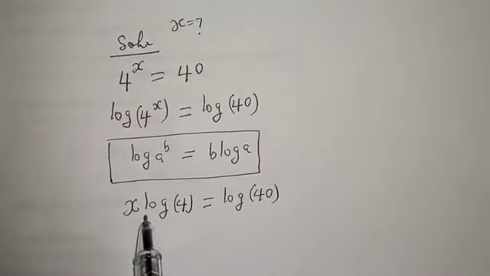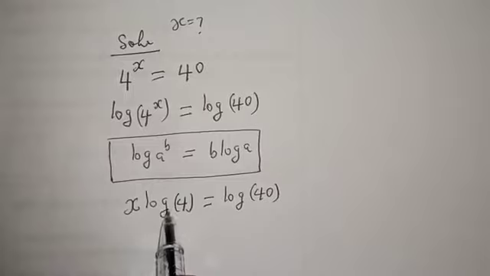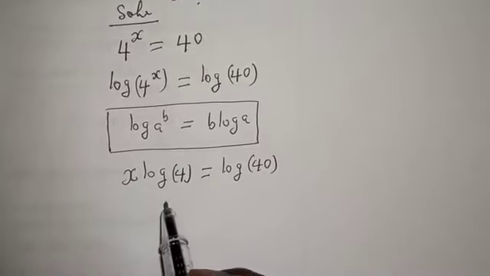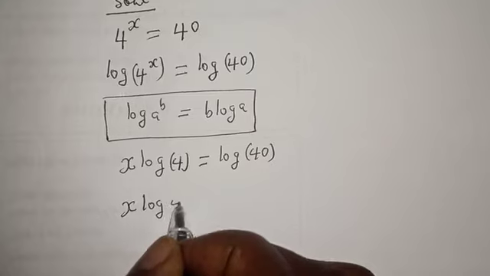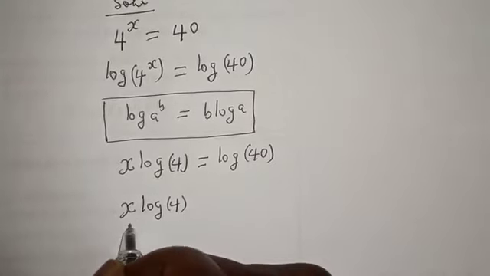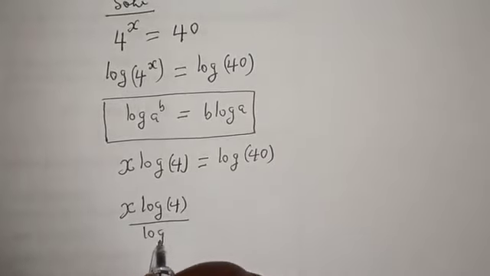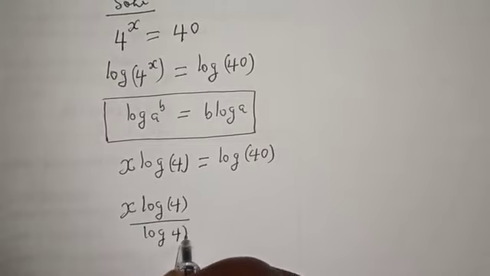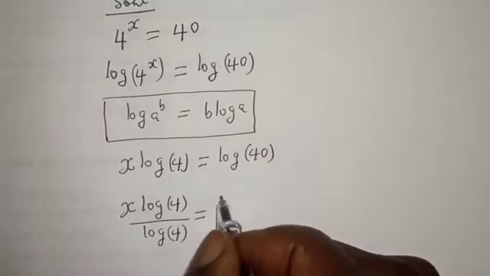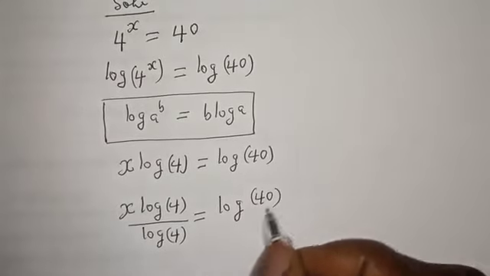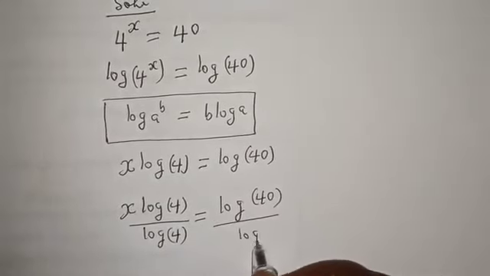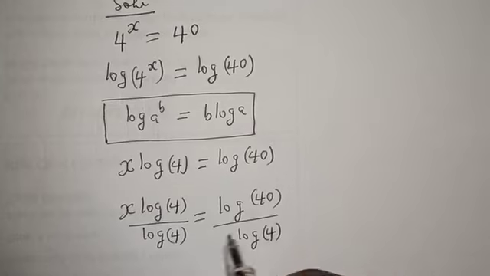Now we are looking for the value of s. Let's divide both sides of this equation by log 4. s log 4 over log 4 is equal to log 40 over log 4.